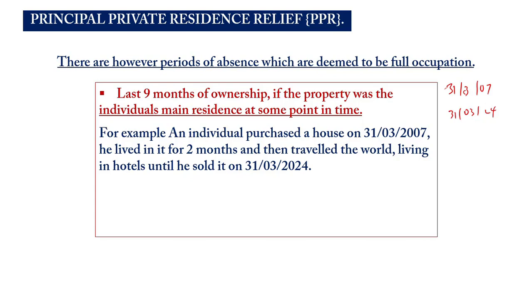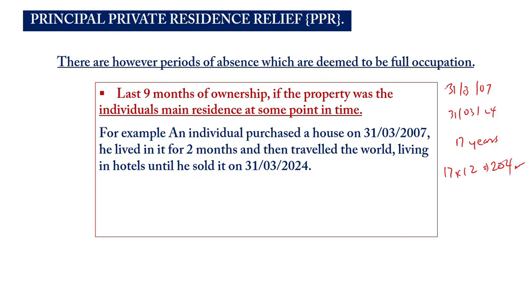This is like 17 years. Multiply 17 years by 12, what are we getting? So you're getting 204. So this is 204 months.